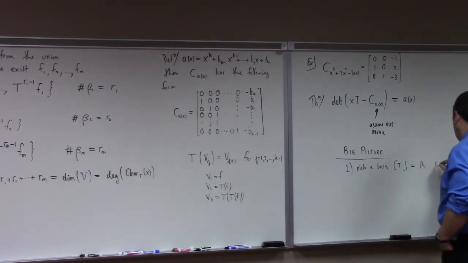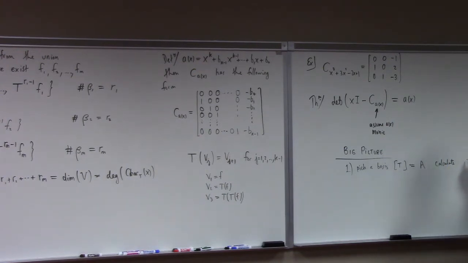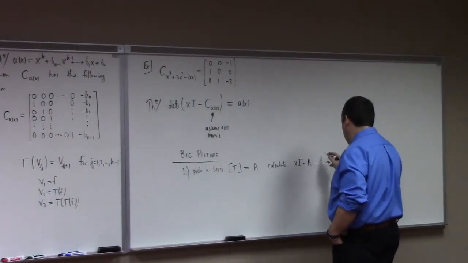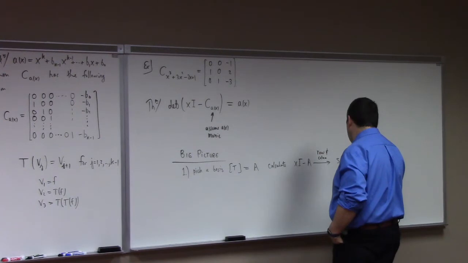And calculate xI minus A. And you can do row and column operations, and you get to what's called Smith normal form.